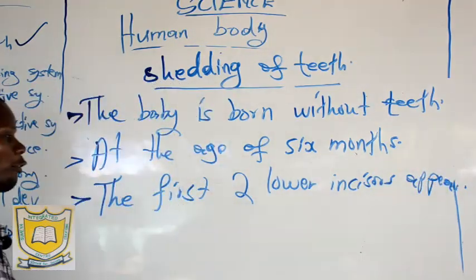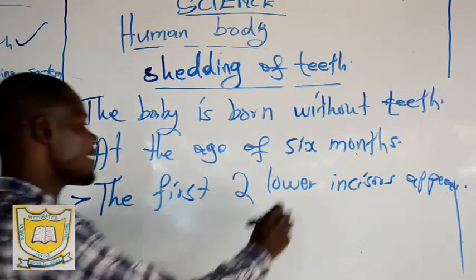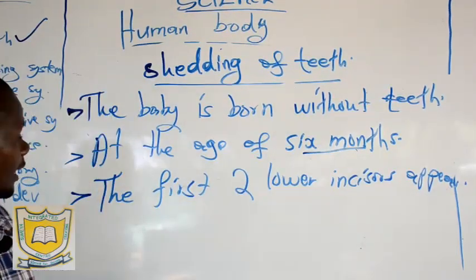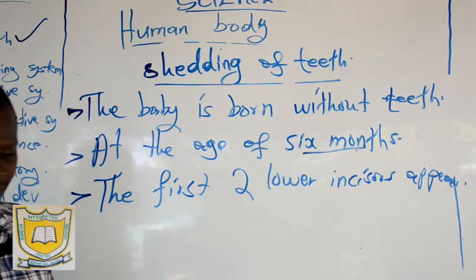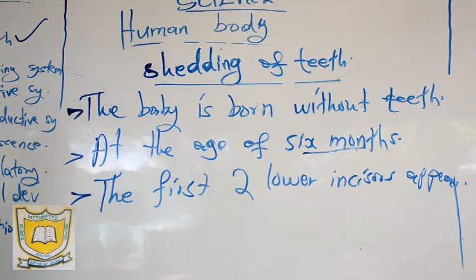At the age of 6 months, the two lower incisors start to appear.